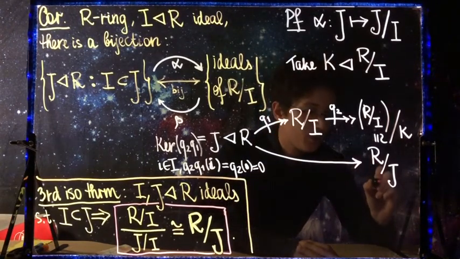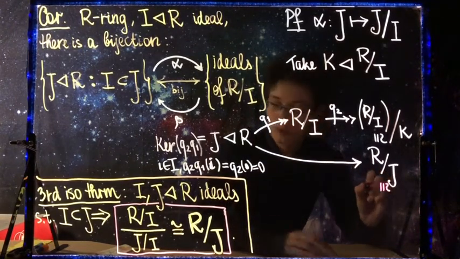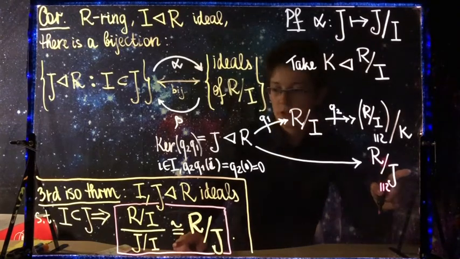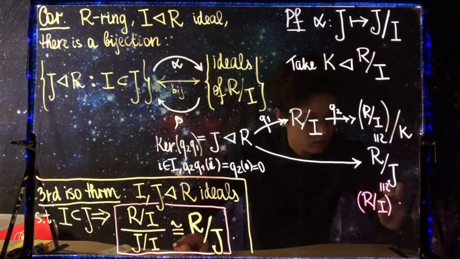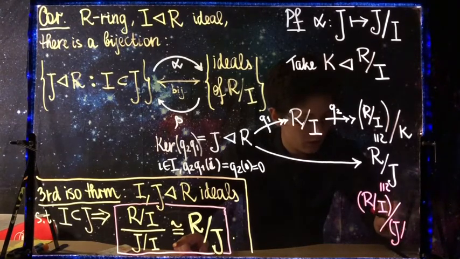And by the third isomorphism theorem, down here, R mod J is isomorphic to R mod I, quotient by J mod I.